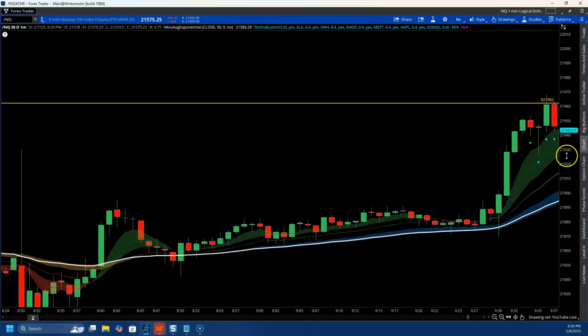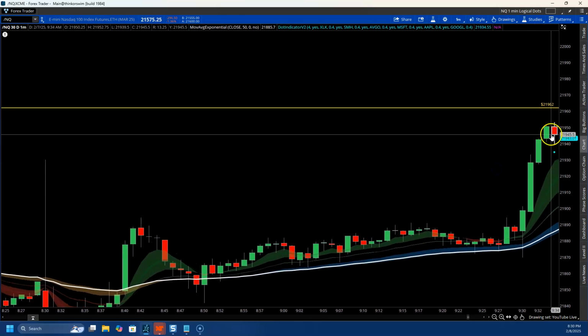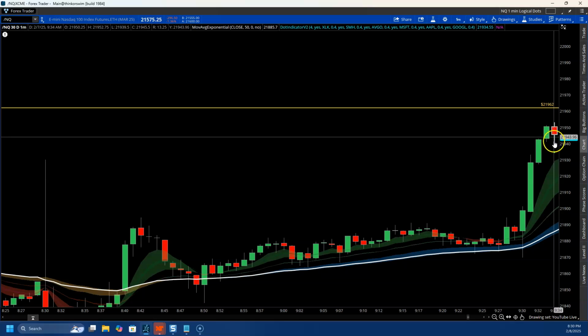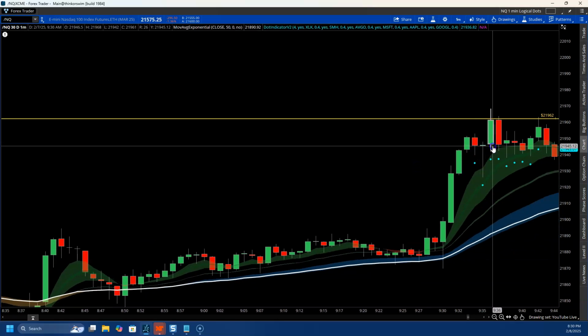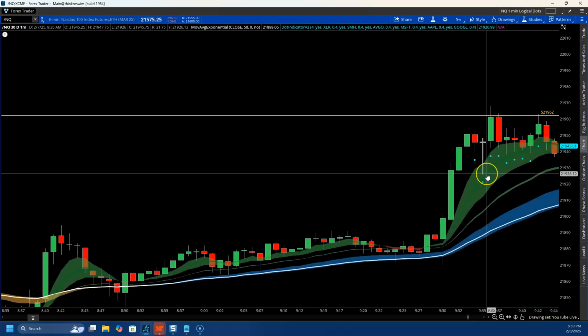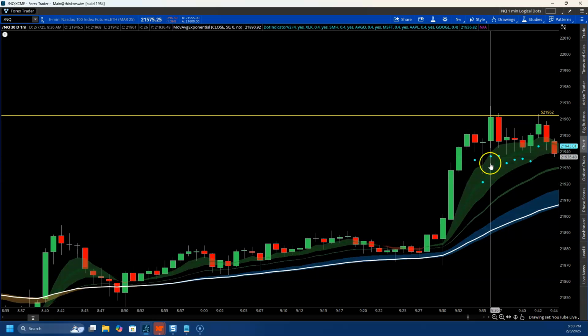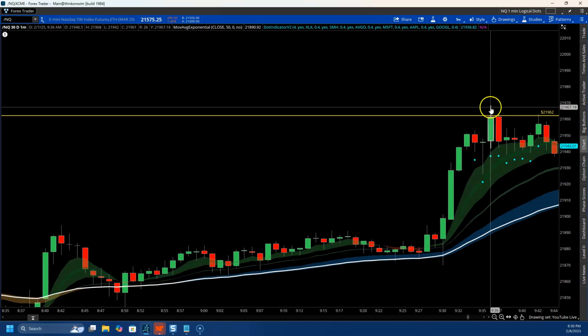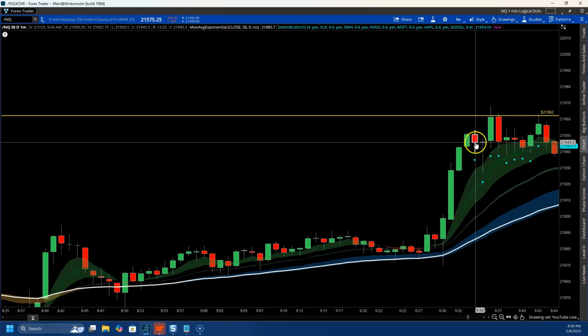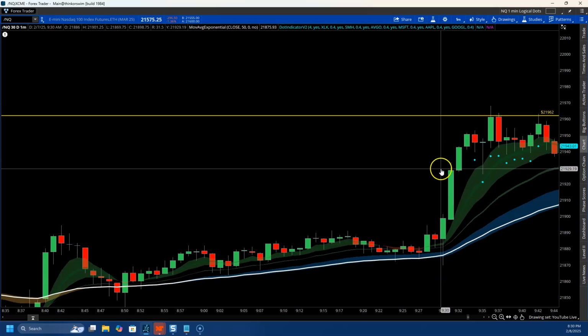Even if you got in at the close of this first-minute red bar, based on the dot, your entry would be 921.45. It went down to 926, so almost 19 points, and then went back up towards 968, so about 20 points up. So it's a scalpable position.